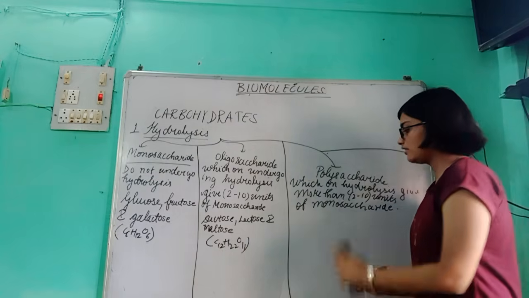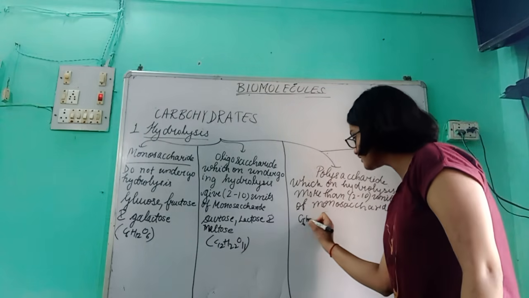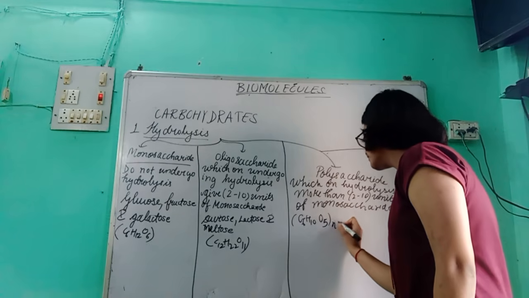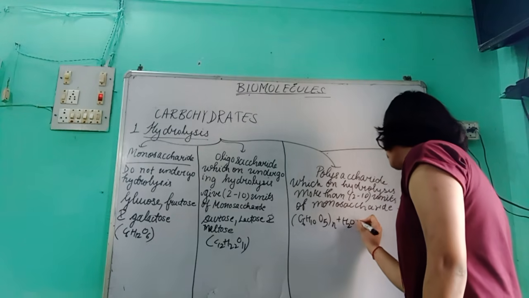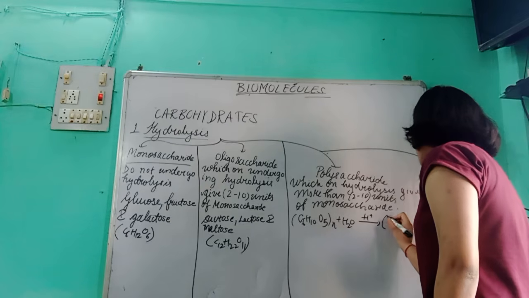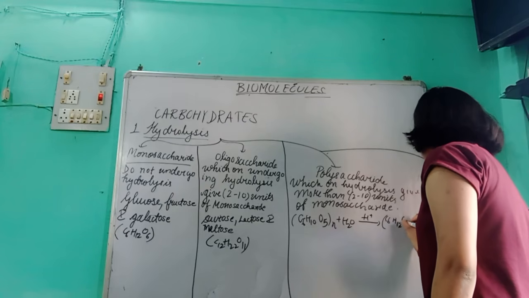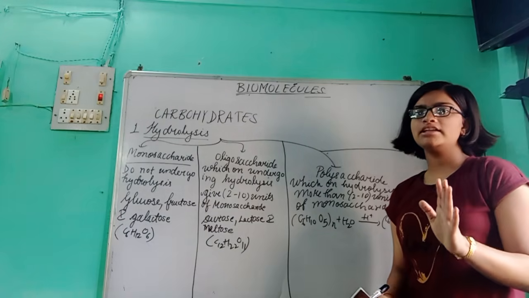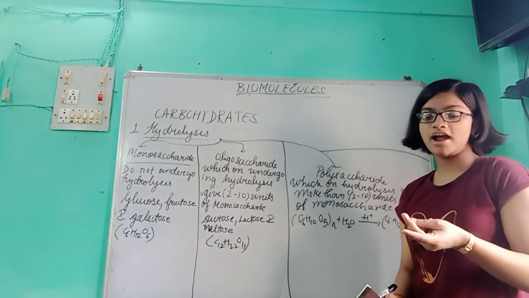For polysaccharides, we have an equation like C6H10O5 whole power N. When it undergoes hydrolysis, it gives N molecules of glucose. Now, polysaccharides are of 3 types: cellulose, starch and glycogen.